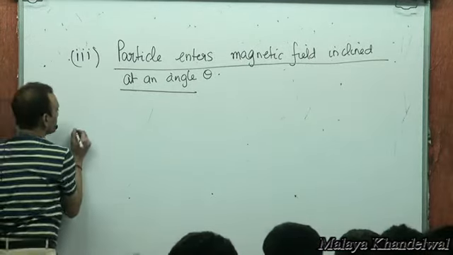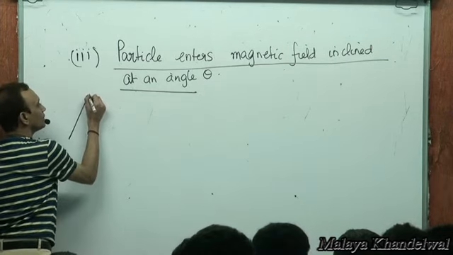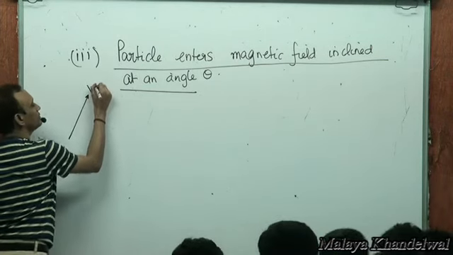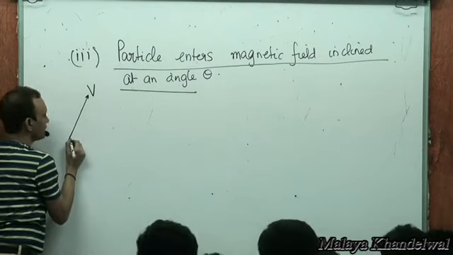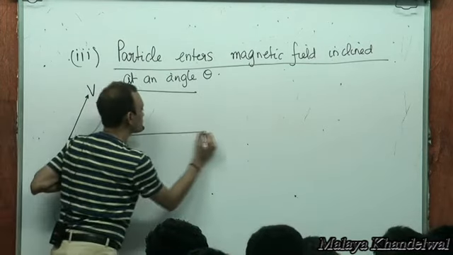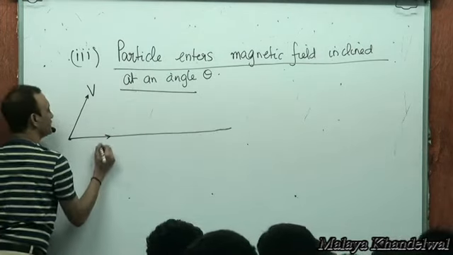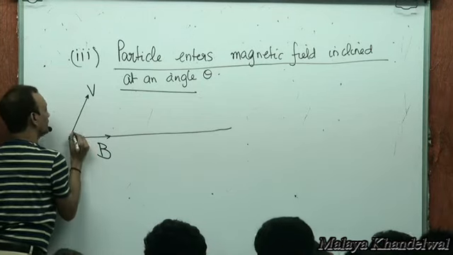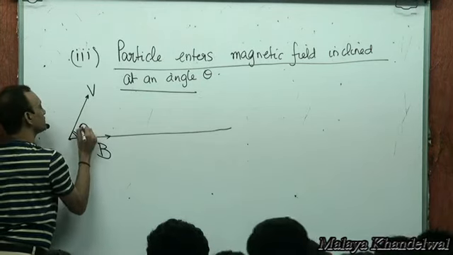Clear? That means this is the velocity v of the particle, and say this is the direction of the magnetic field, and the angle between v and B is theta.